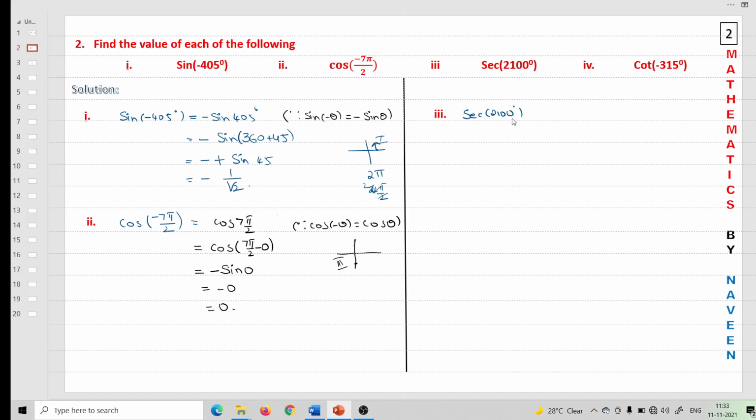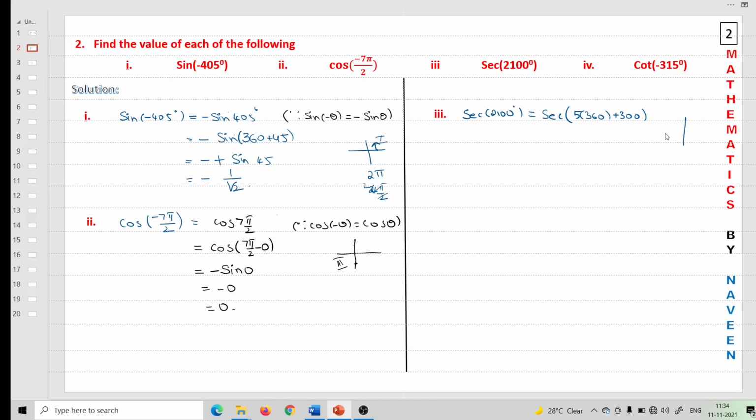Secant of 2100. That is equal to secant of, see, this 2100 can be written as 5 into 360 plus 300. You can verify it. 5 into 360 plus 300.